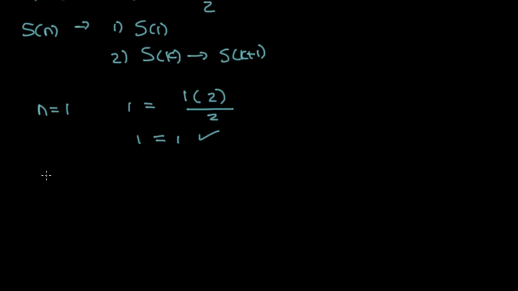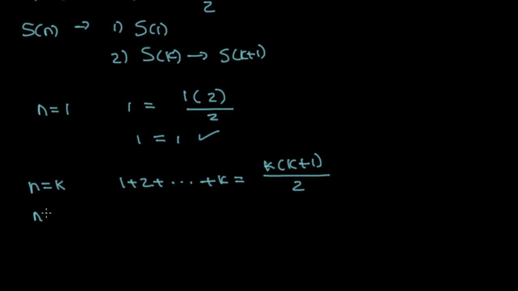And our second step tells us to imply that when n equals k, such that 1 plus 2 plus all the way up to k equals k times k plus 1 over 2, we assume this is true, which is called the inductive hypothesis.